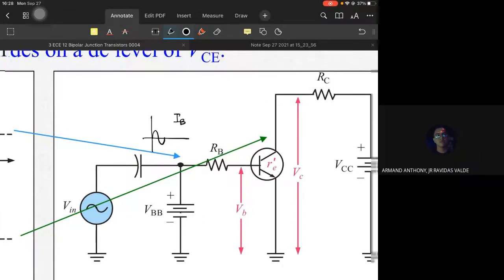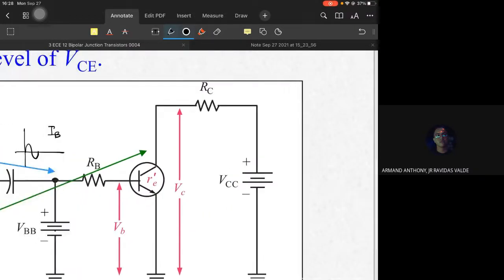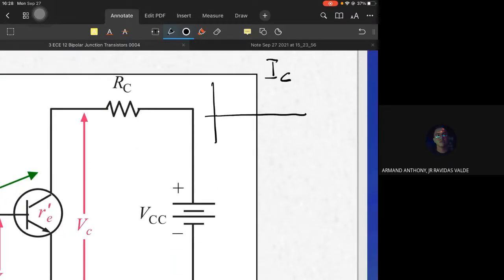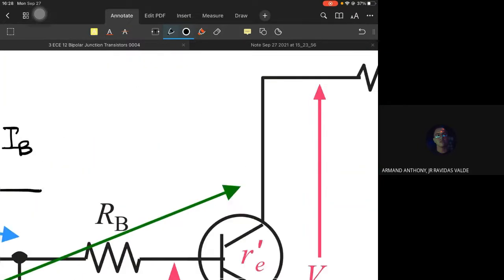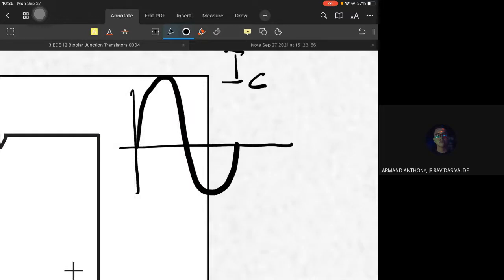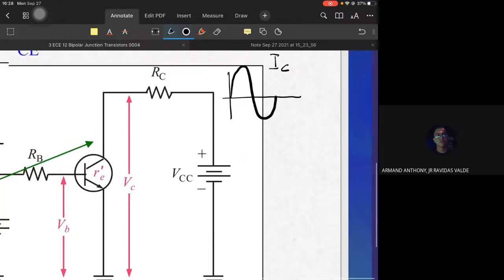Remember, IC is beta IB. So IC will increase by a factor of beta. No? So it becomes bigger. Compare this.